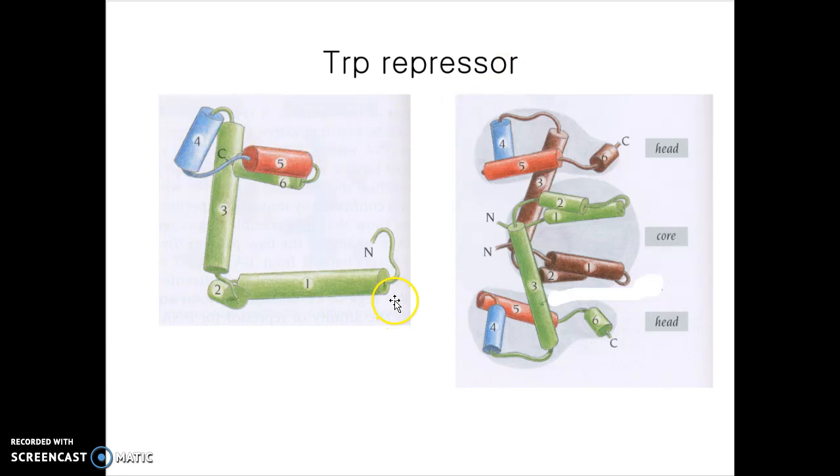This is a Trp repressor, alpha protein. Fourth and fifth make helix-turn-helix. It actually works as a dimeric form.